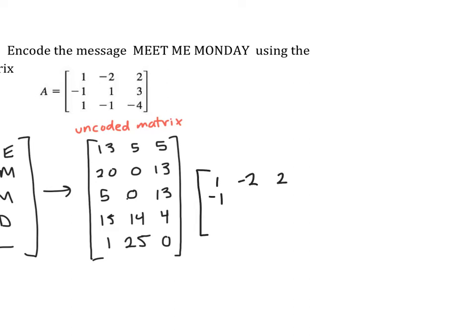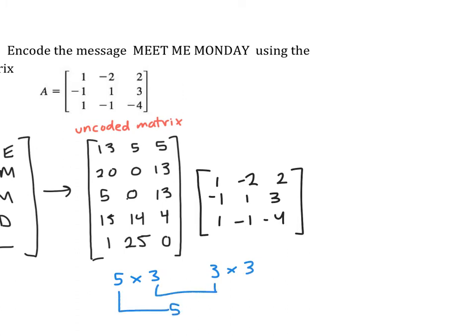And this is where we're going to get a lot of good practice from matrix multiplication. So just to review, remember, in order for us to multiply, the dimensions have to work. So this is a 5 by 3 matrix, and this is a 3 by 3. These two numbers must match, and our resulting matrix will be a 5 by 3.